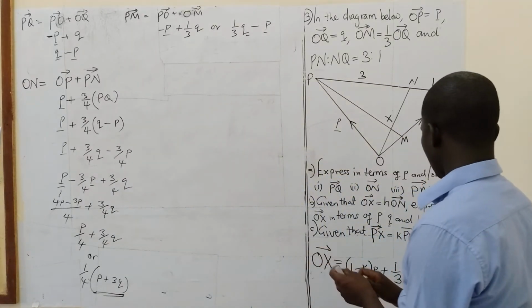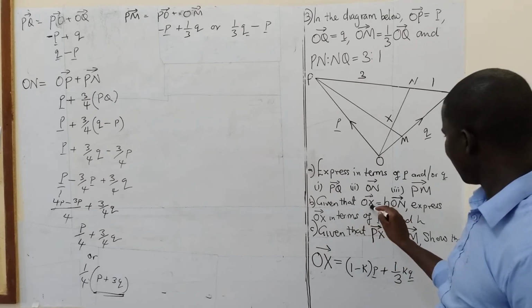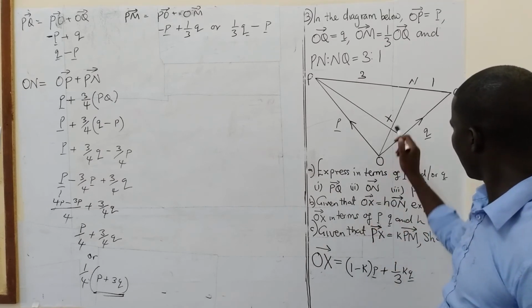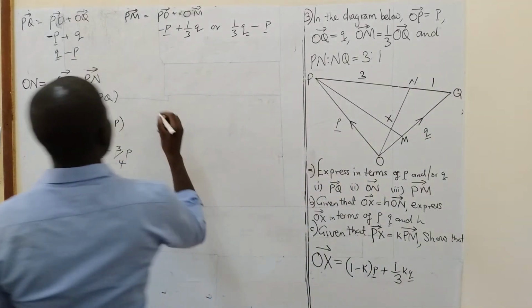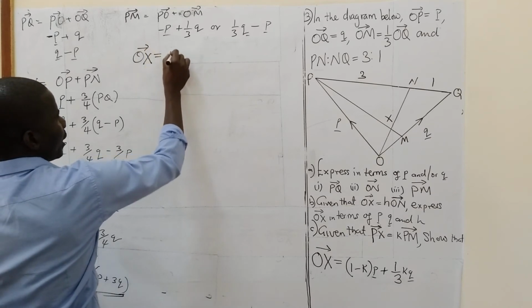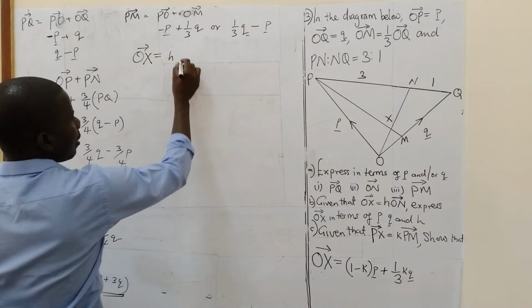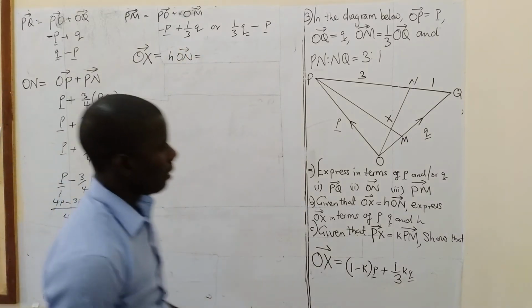So now we are looking at question B. Given that OX is equal to h ON. Okay?